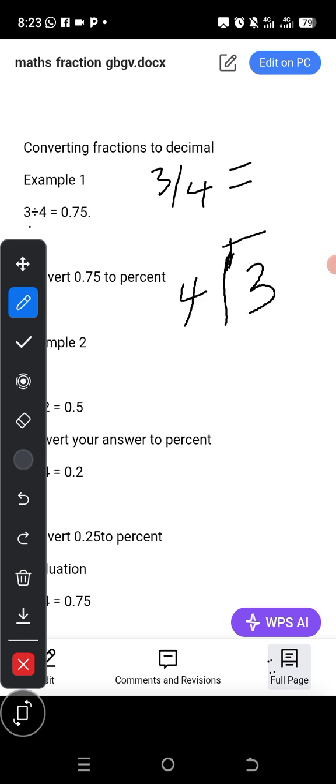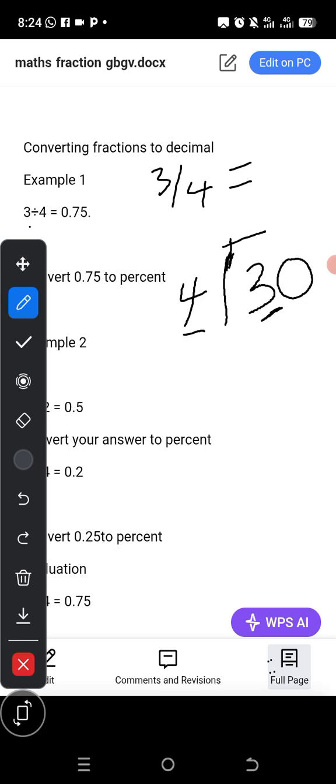Now you say 4 divided by 3. When you say 4 divided by 3, it is impossible because a bigger number cannot divide the smaller one. Since you know it is impossible, you simply add 0 to the 3, so that makes it 30. In this way, the 4 will be able to divide 30. Though there will be a remainder, you still keep your remainder.